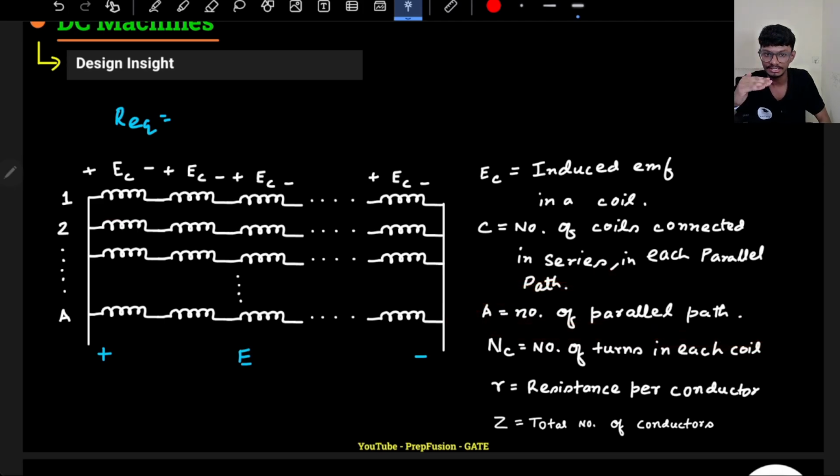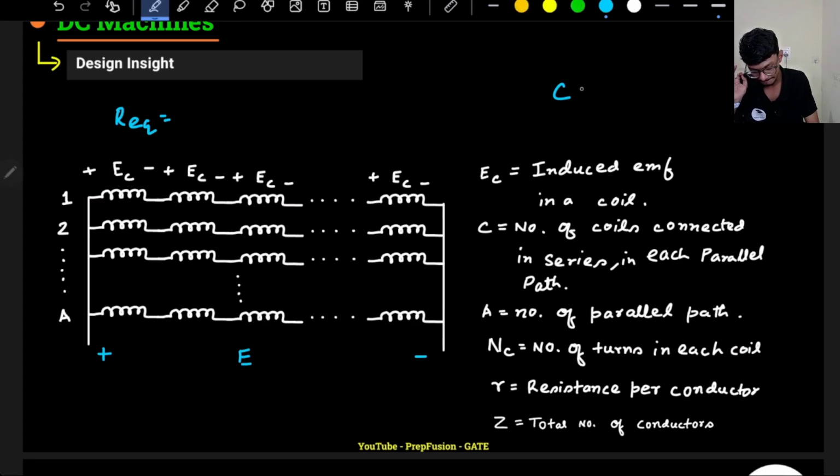So how many coils do I have? A into C. Let's take an example: say I have two parallel paths, and in each parallel path I have two coils. Total coils: 2 into 2, 4. Same thing, total number of coils will be C into A.